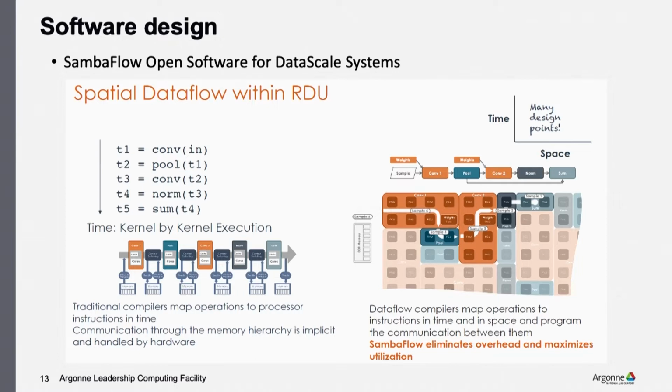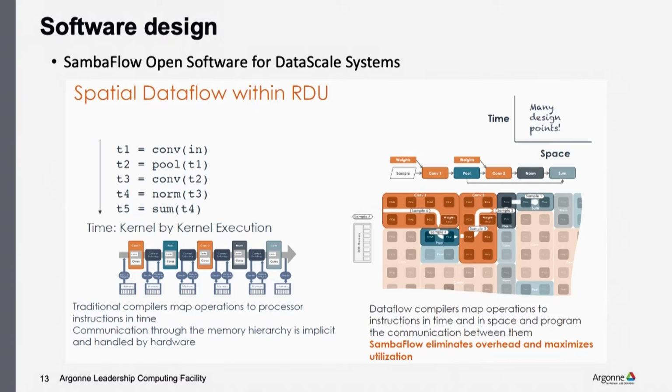But SambaNova maps the operations to the real hardware in different areas, and you can see the different areas have different functions. The data just goes in from the convolution one, and you get the result from the sum operation.